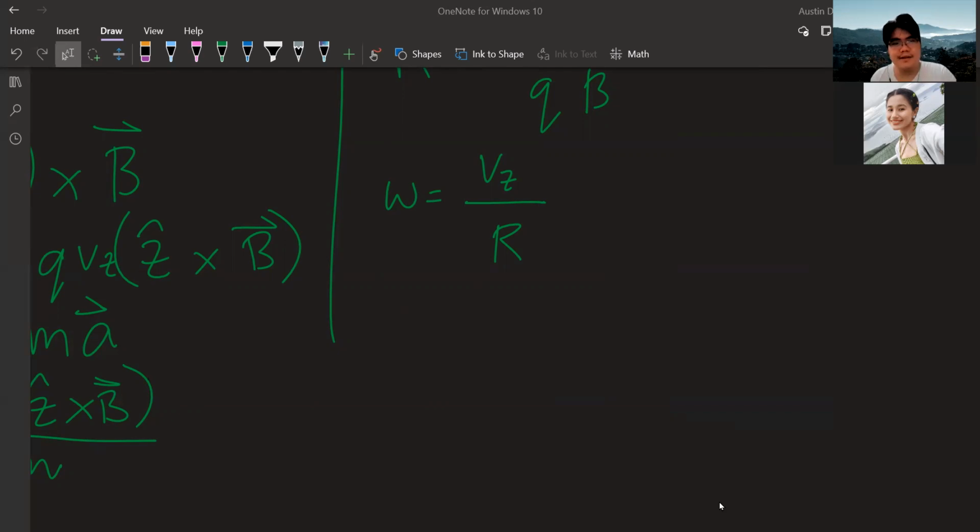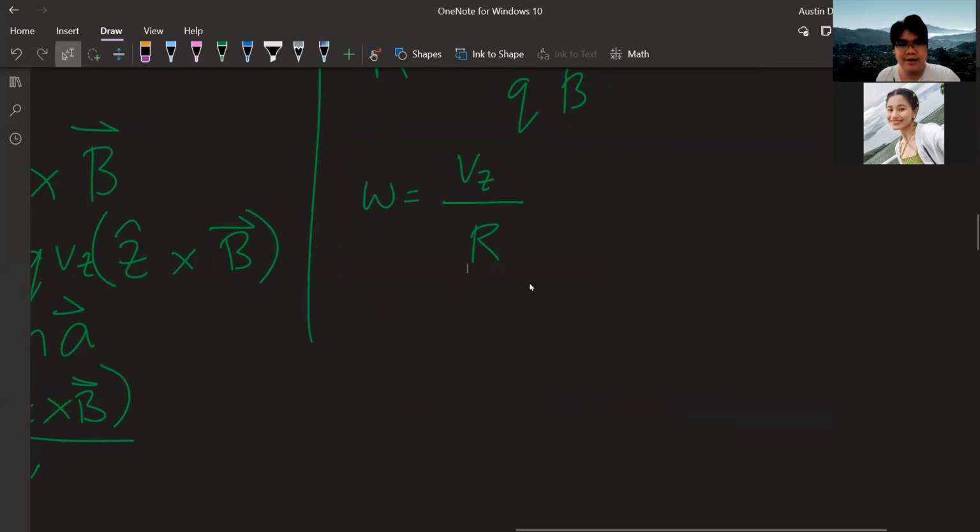Ayan. So with the angular velocity, you can obtain the period. Ay, hindi, baliktad.